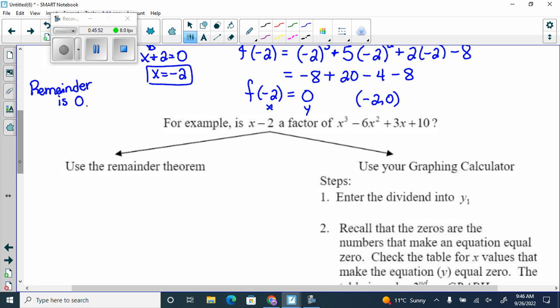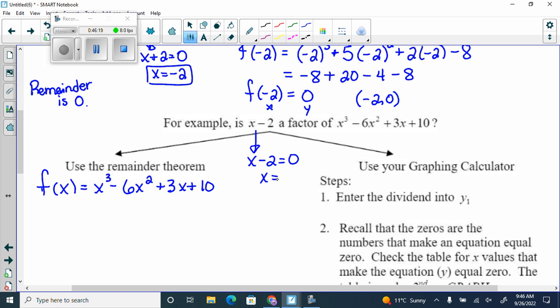Well, we know we have f of x equals x cubed minus 6x squared plus 3x plus 10. And we're checking x minus 2. So what does x actually equal?